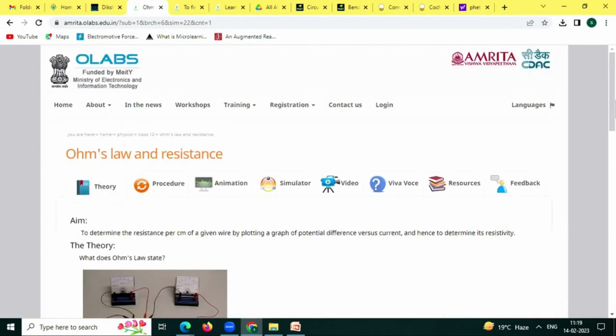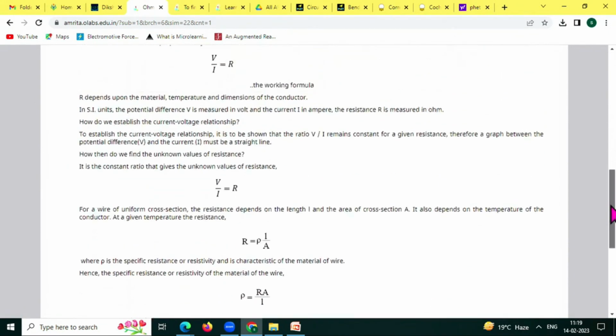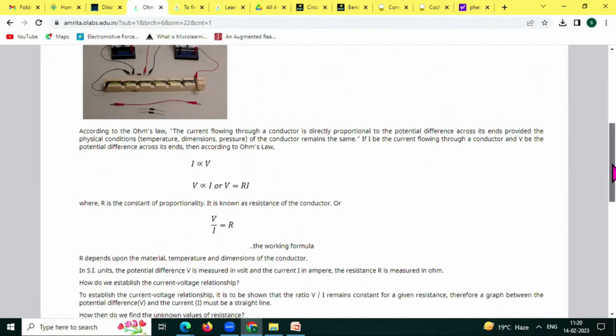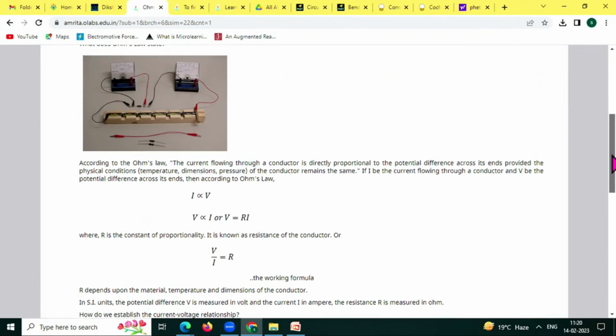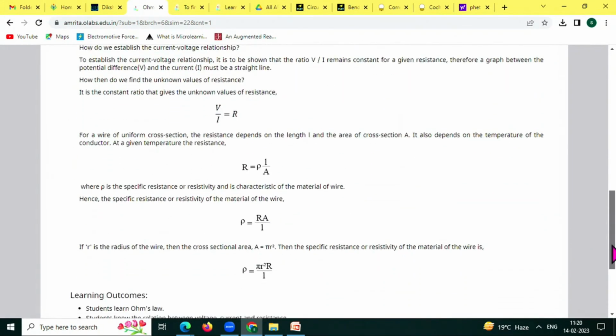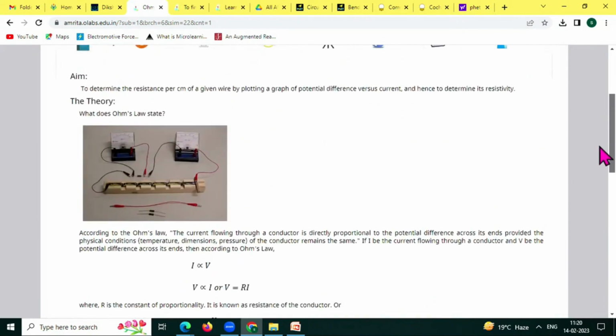The theory part of this experiment is given, how Ohm's law is applicable here for the given wire, that I is proportional to V, or V upon I is equal to R. From this formula we can find the resistance. Then for the resistivity, the formula is rho equals R into A divided by L, that is the resistance of the given material, into the area of cross section, divided by the length of the given material.